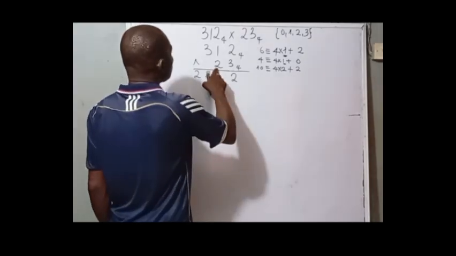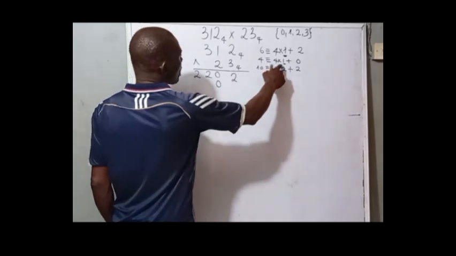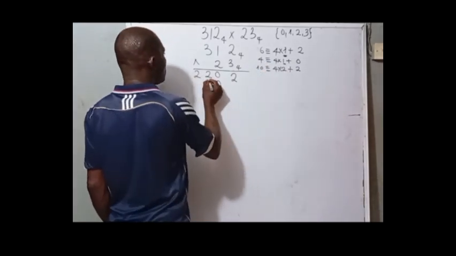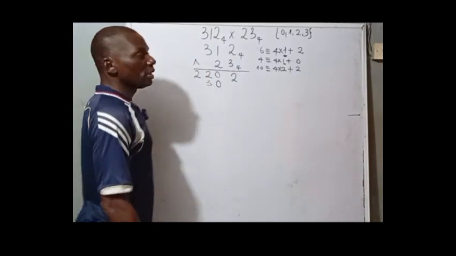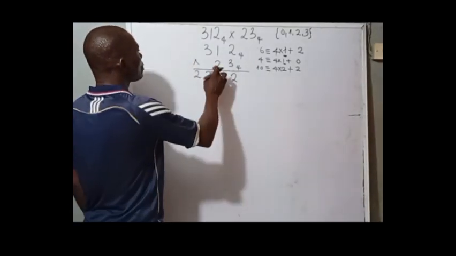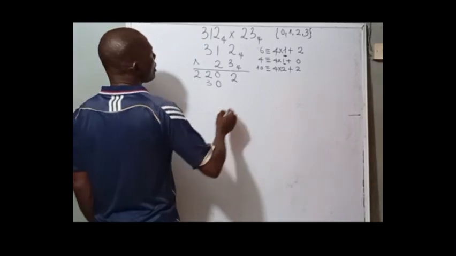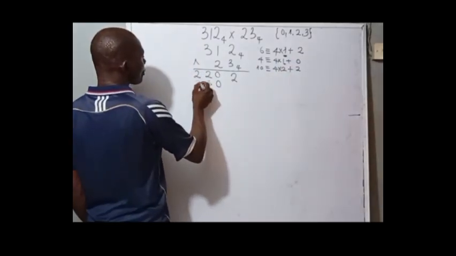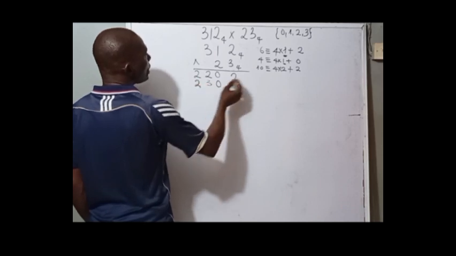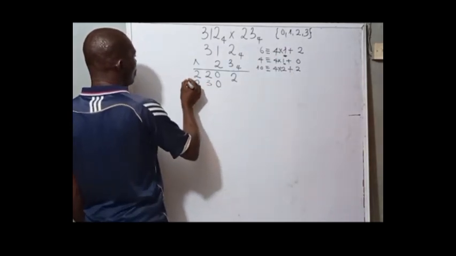So here 2 times 1 is 2, and adding the carry makes it 3, which is within the range. The next one is 2 times 3, which is 6. Here we put down the remainder of 2, then move the carry forward.